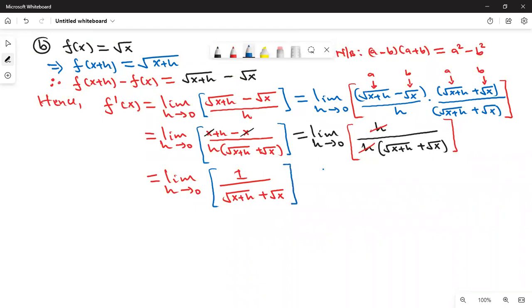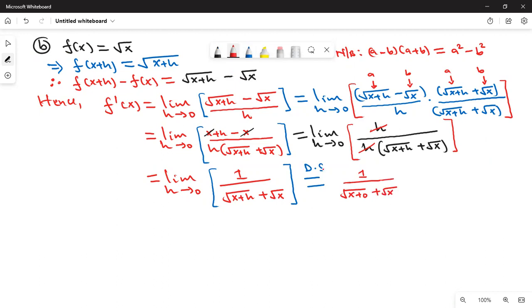Once you simplify, you try another direct substitution. What will it give us? Where there is h, we are going to substitute 0, so that this will give us 1 over the square root of x plus 0 plus another square root of x. We are only replacing h, remember?